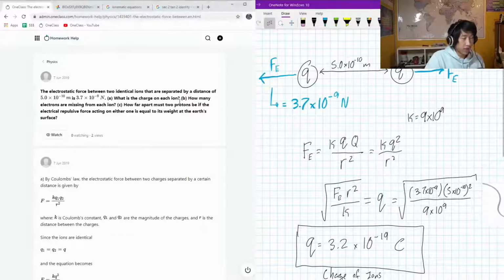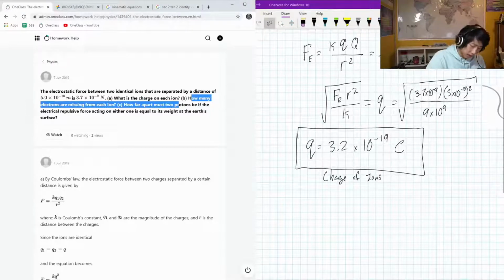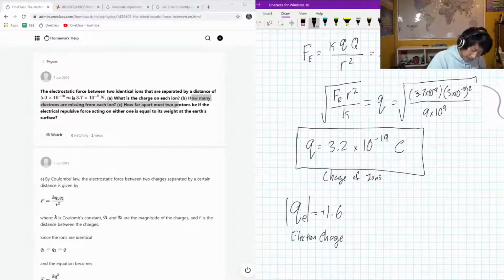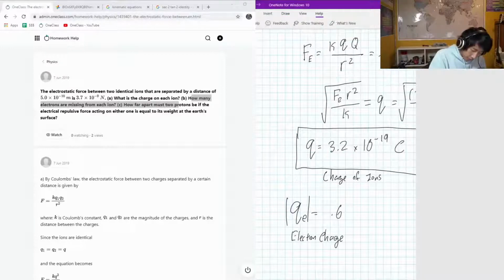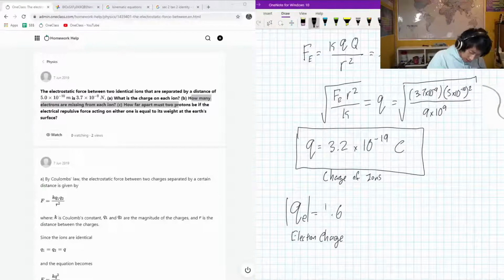Okay, and then the next part of the question, well, that's part A. Part B of the question is how many electrons are missing from each ion? Okay, so if this is the charge between them, we know that the charge of an electron is, let's just keep it as absolute value, 1.6 times 10 to the negative 19 coulombs.